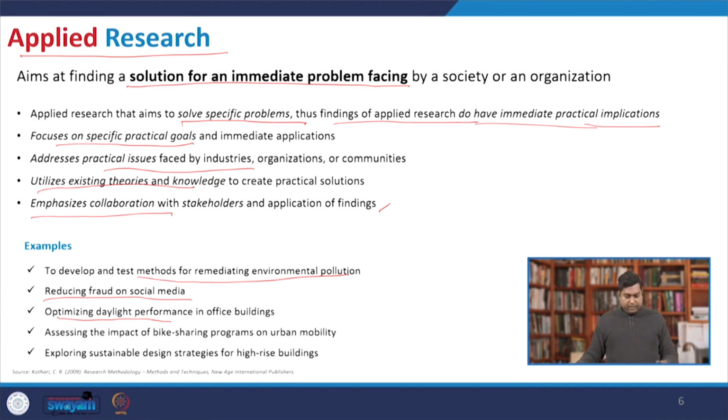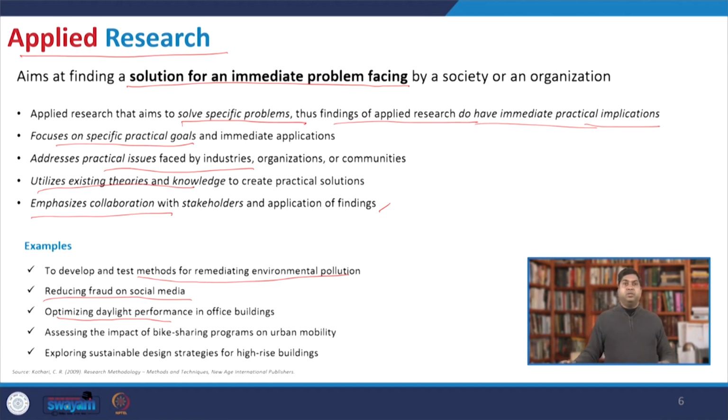Another example is assessing the impact of bike sharing programs on urban mobility. Here bike means bicycle. Under the smart city program, many cities adopted a bicycle sharing system, where you don't need to own the bike or cycle.